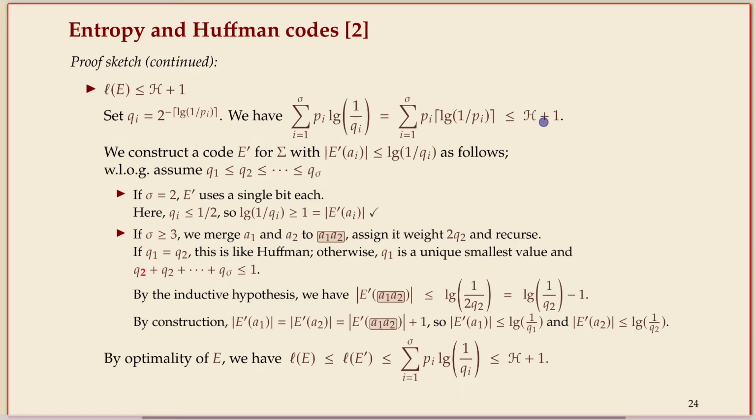If you do that, you end up with at most the entropy plus 1, because rounding up gives you at most plus 1. And you can construct the code for this basically using this procedure. I think I'll skip the details here because we're a bit short on time, and we don't build on this later. So if you're curious why that's true, you can read the details up. We won't really need it.